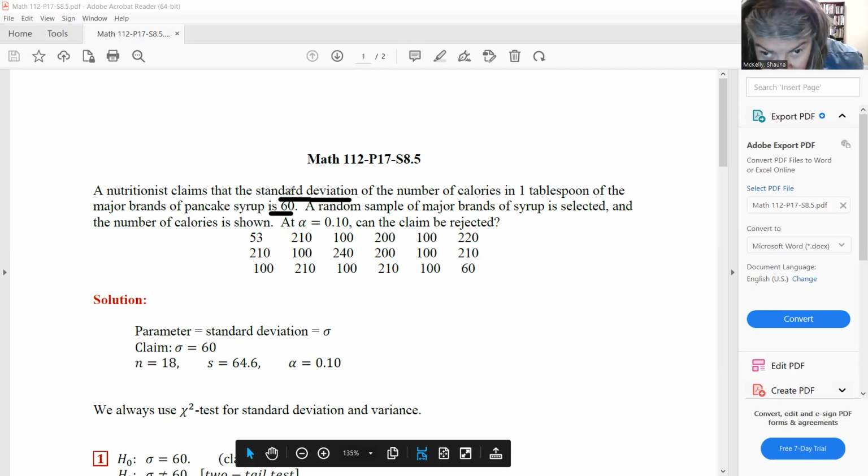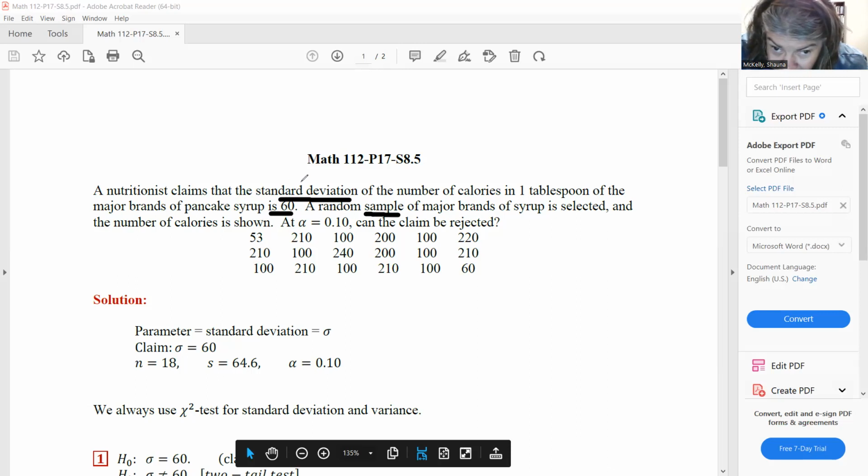Now, you might not know which standard deviation this is just yet. That's okay. But whatever it is, it's 60. A random sample of major brands of syrup is selected, and the number of calories is shown. This is our sample. So we don't have our sample standard deviation.